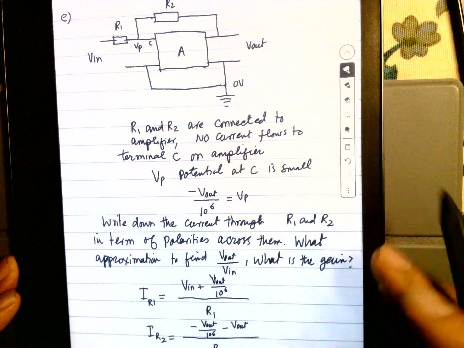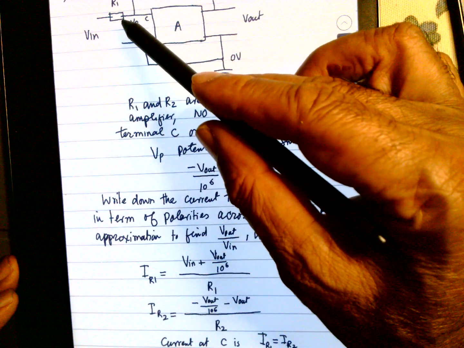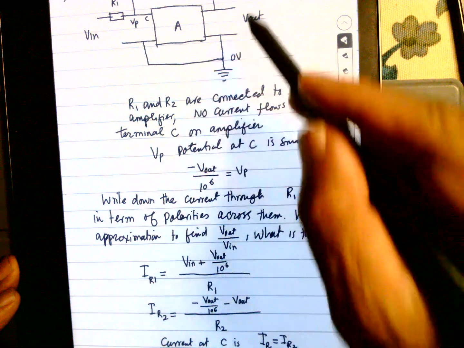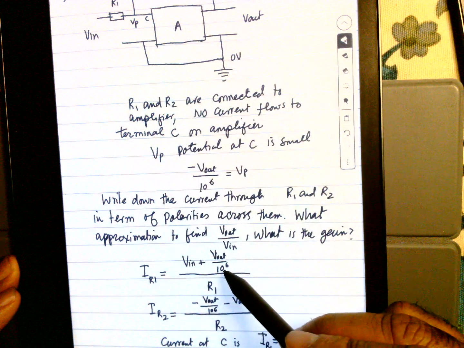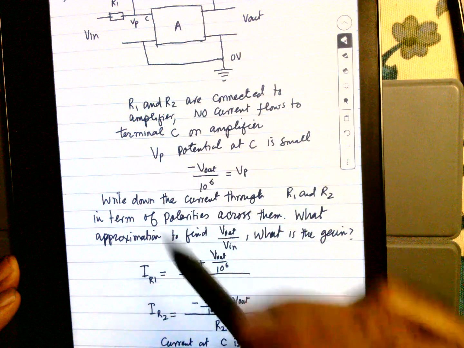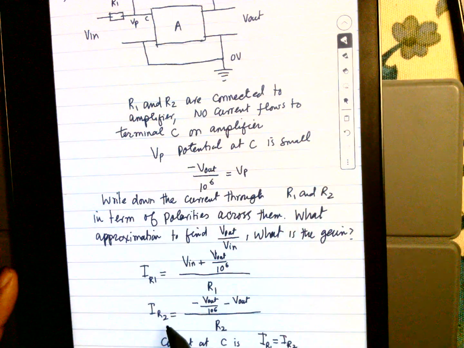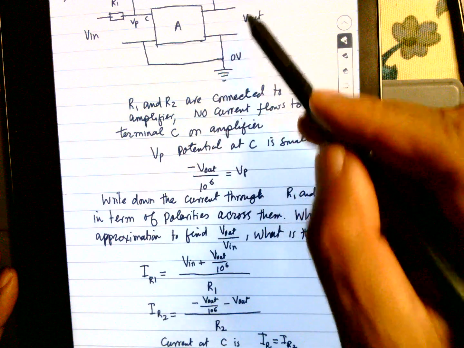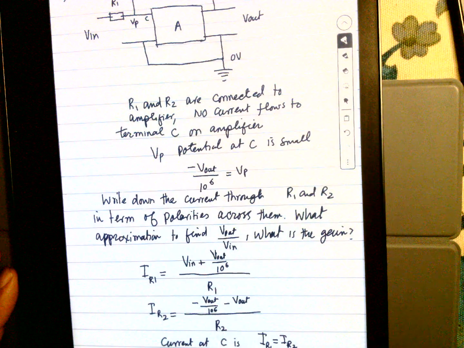What is the gain? So the current in R1 is V in minus V out over 10 to the power 6, divided by R1. And for R2, the voltage will be negative: V out over 10 to the power 6 minus V out, over R2.